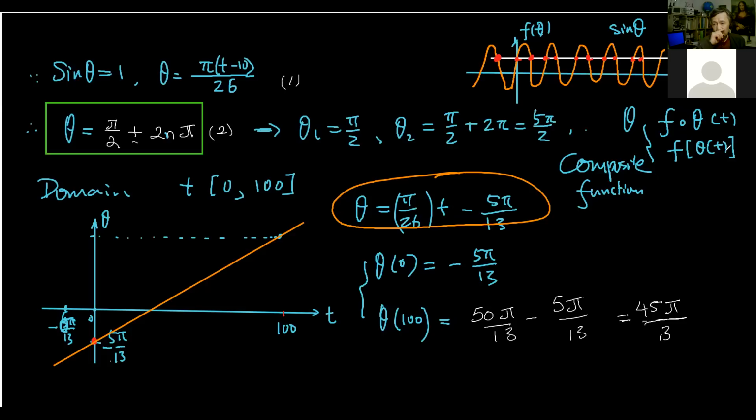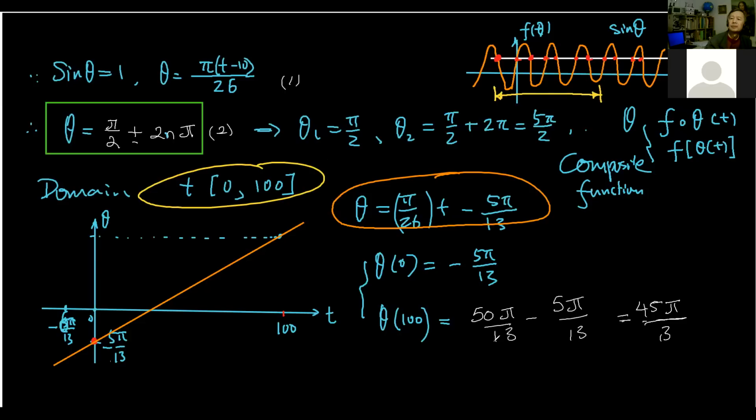So the complexity of this problem is that you may have to consider negative values for theta, given the domain. This is not the range, this is the domain. Can we use a different color? The domain is here, those values.